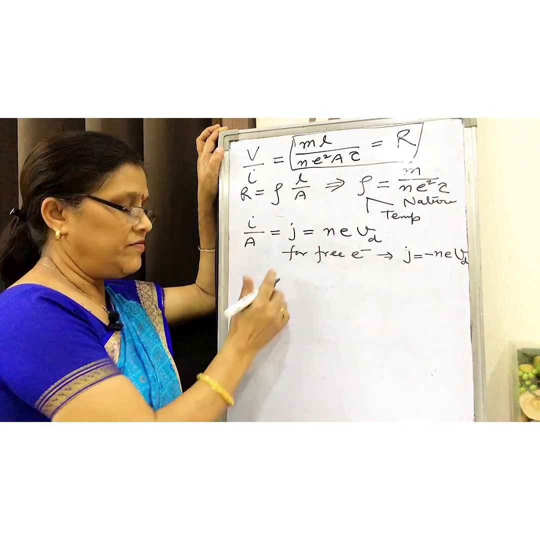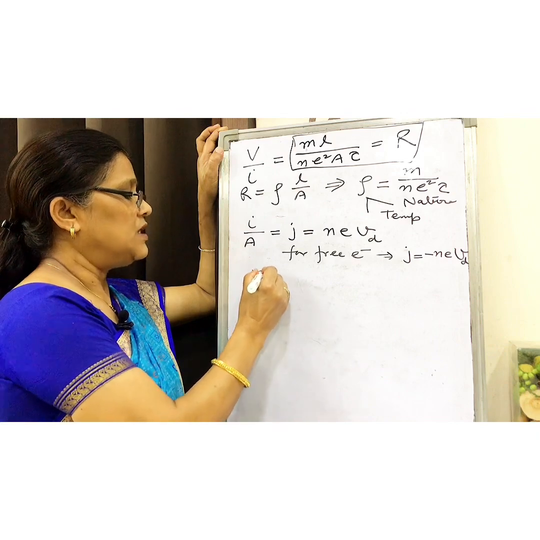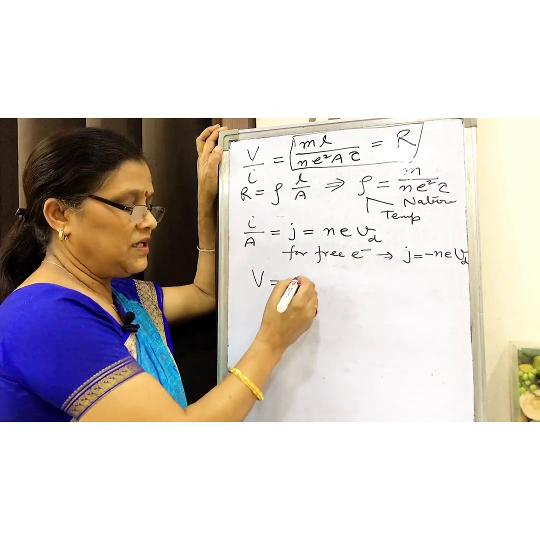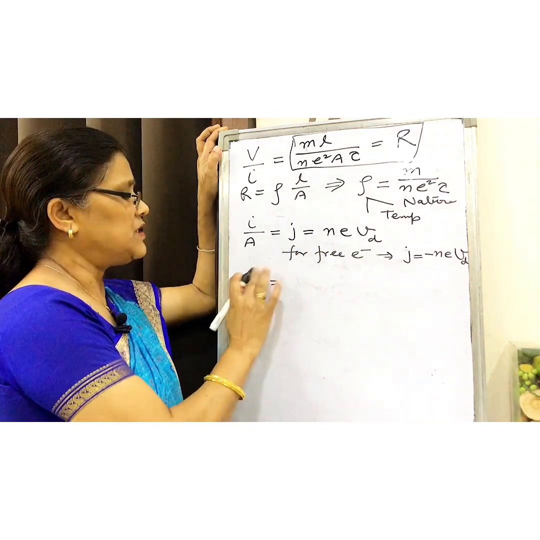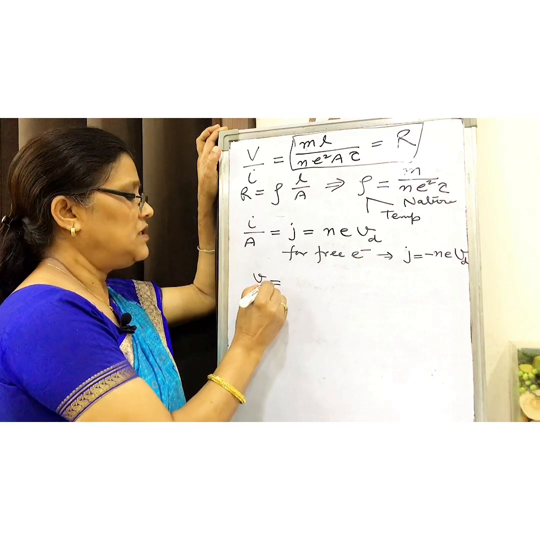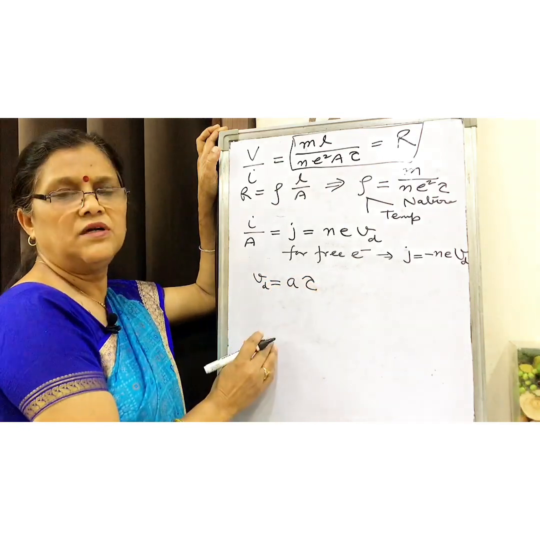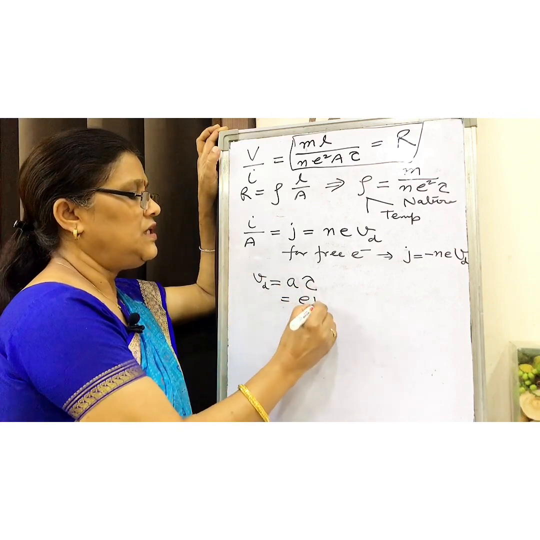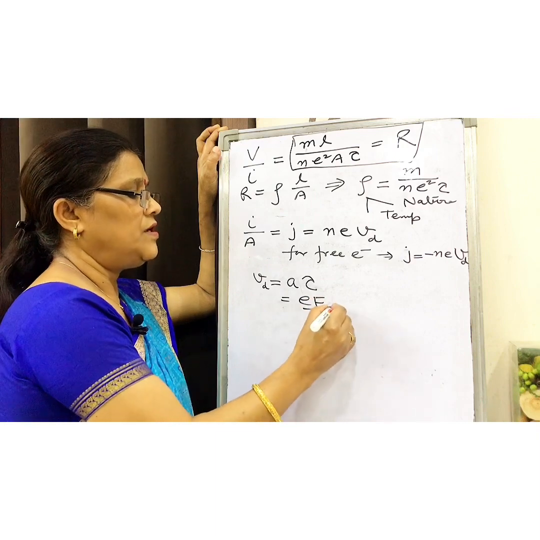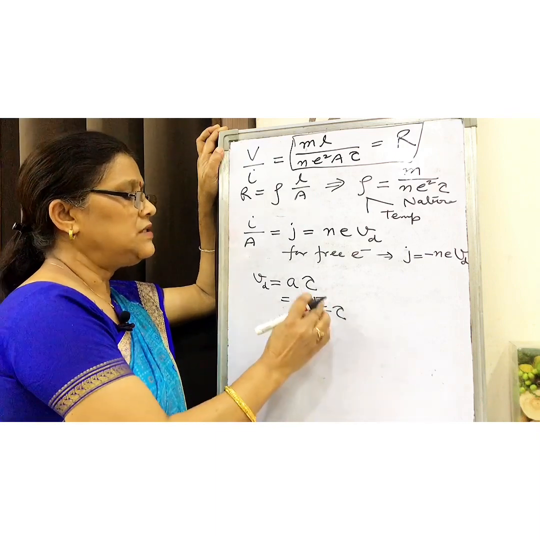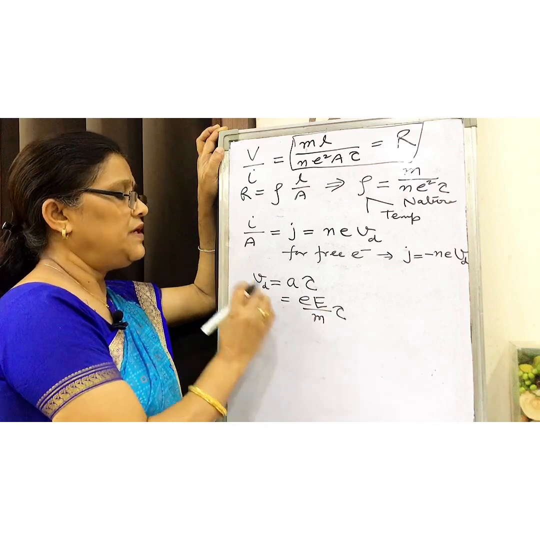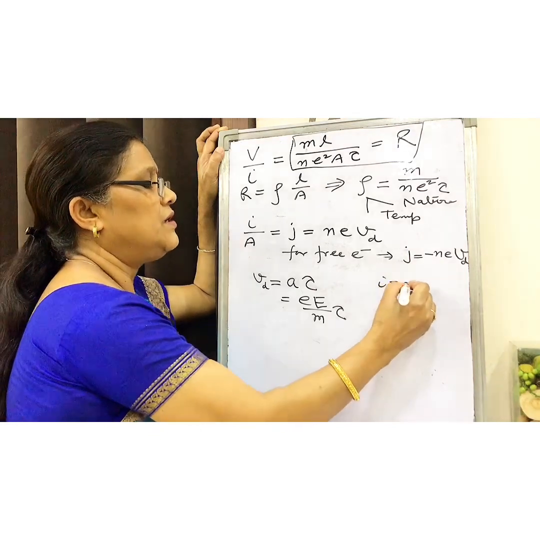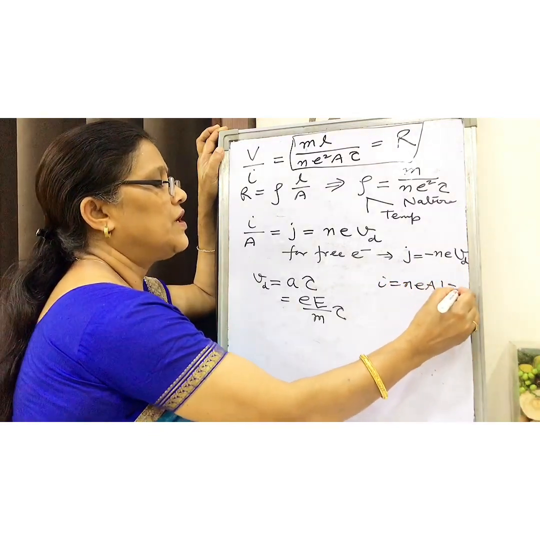Just now you have derived that vd is a tau. You know vd is a tau, and what is a? If you write a, this is e upon m, so vd equals e tau upon m. And vd you can also write from the equation I equals n e A vd.